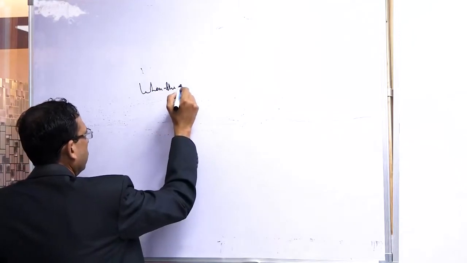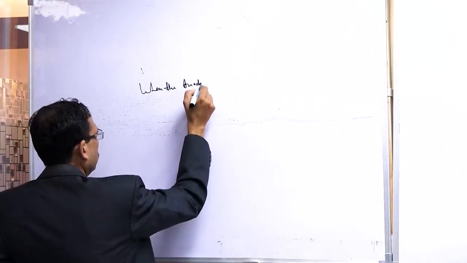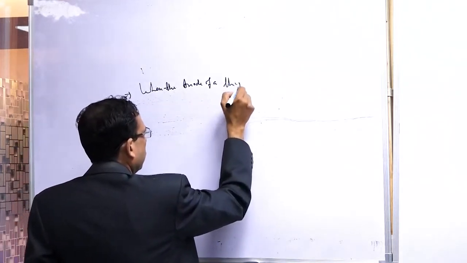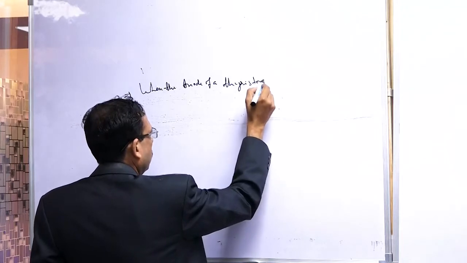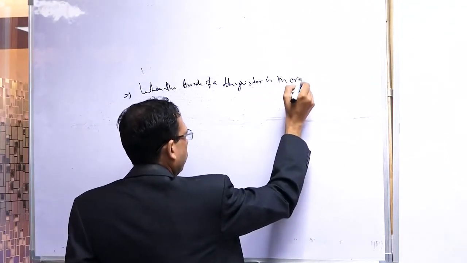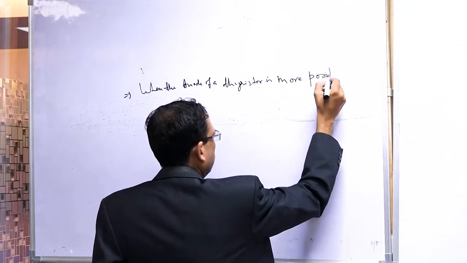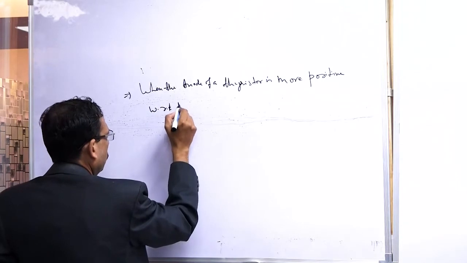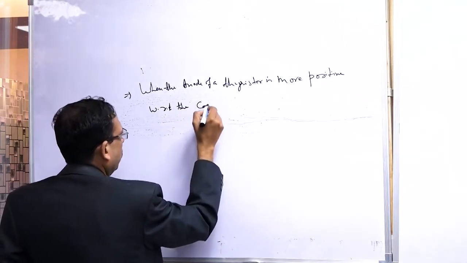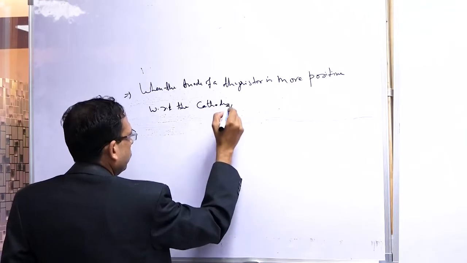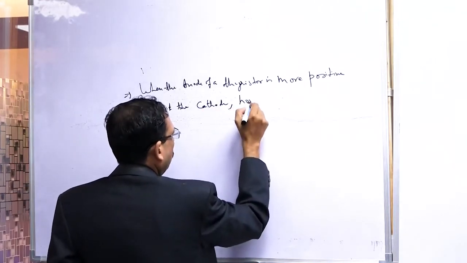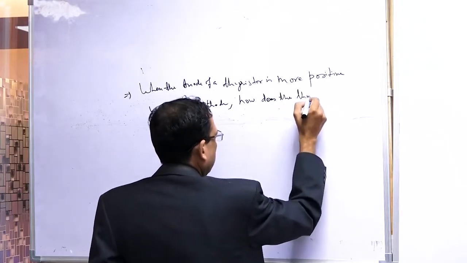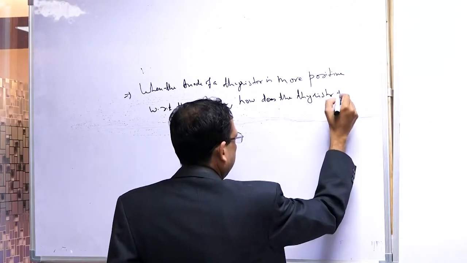When the anode of a thyristor is more positive with respect to the cathode, how does the thyristor behave?